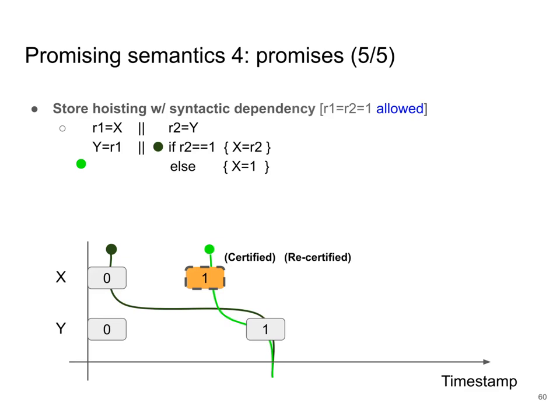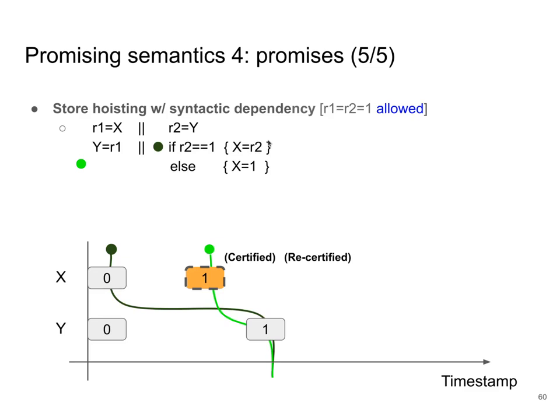So here, the execution is recertified, but with a different branch. You already read y equals 1, so R2 should be 1. In the certification, you need to go to the then branch and then execute x equals R2, which is 1. So x equals 1 is anyway executed.